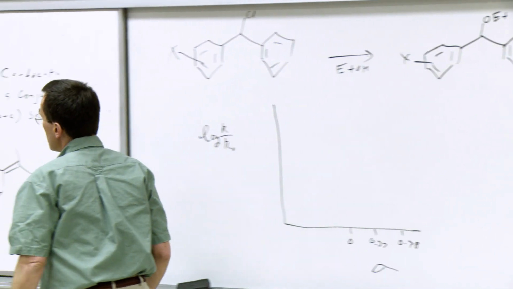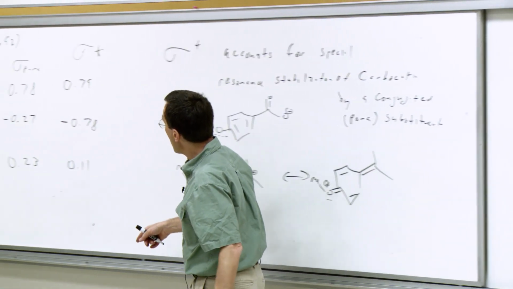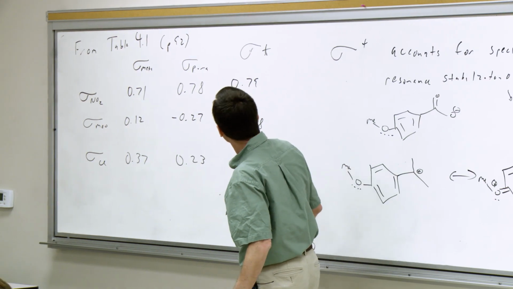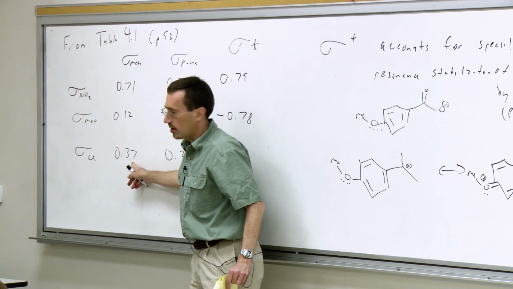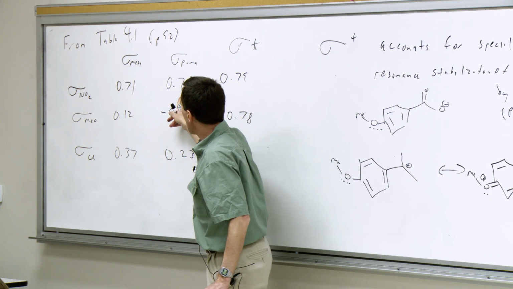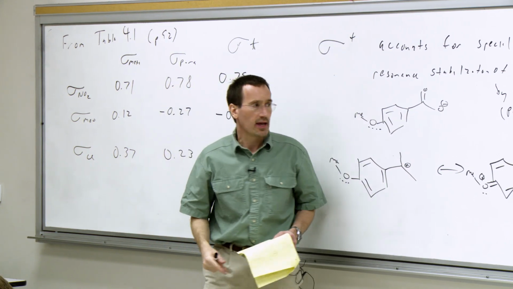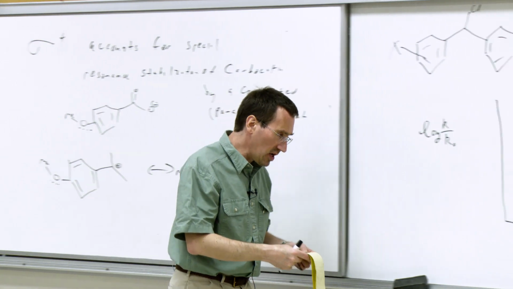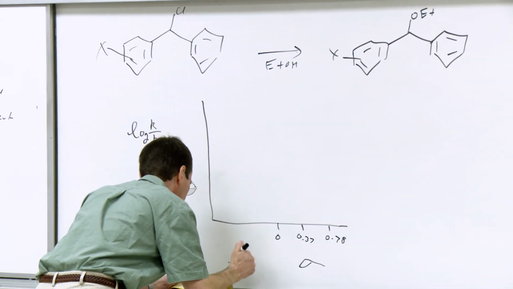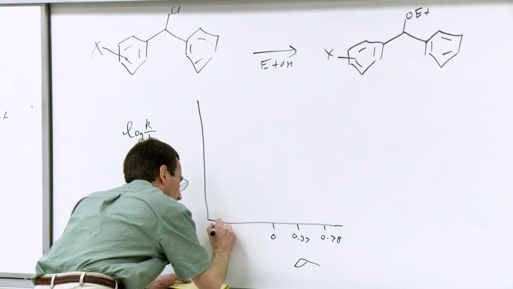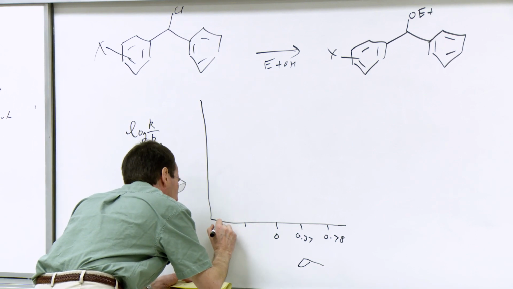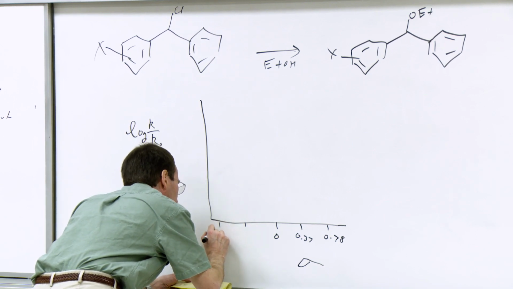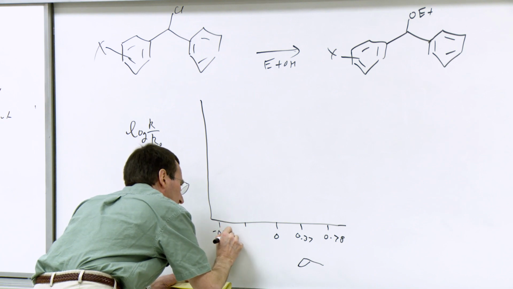You may notice that these are the values that we have for the meta-chloro, the para-nitro group, and then I'll also put 0, of course, is hydrogen, and I'll put a tick mark here at 0.37, but I'll put negative 0.78.